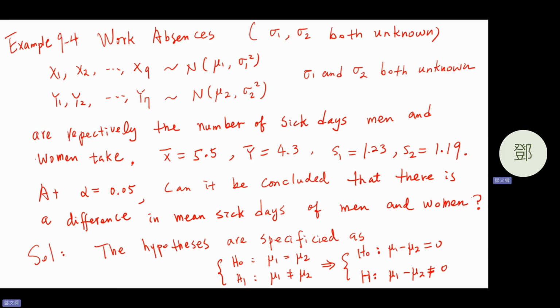But in this example, n1 and n2 are not large enough, so this is not a good example.